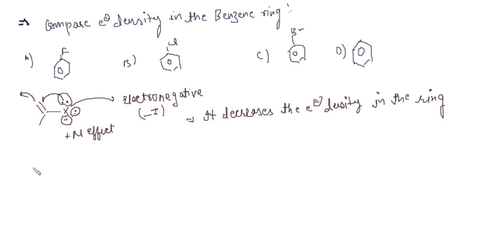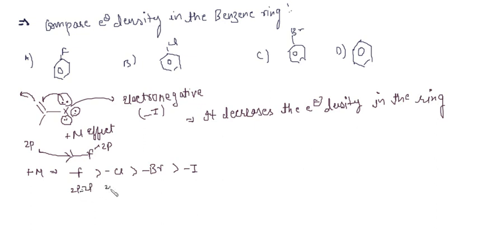So what is the order of plus M effect? We know fluorine is greater than chlorine, greater than bromine, greater than iodine. Why does fluorine have the most plus M effect? Because the carbon directly attached to it belongs to the 2p shell, and fluorine belongs to the 2p shell. So here the bonding is 2p-2p bonding.